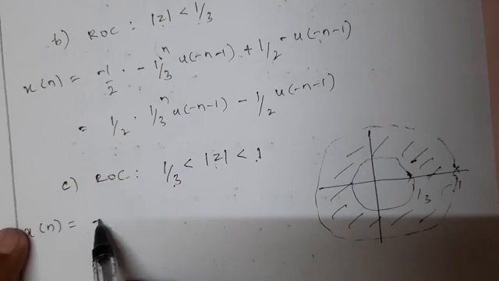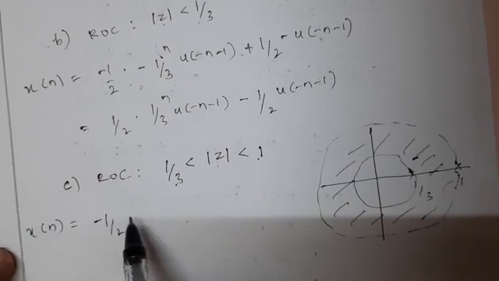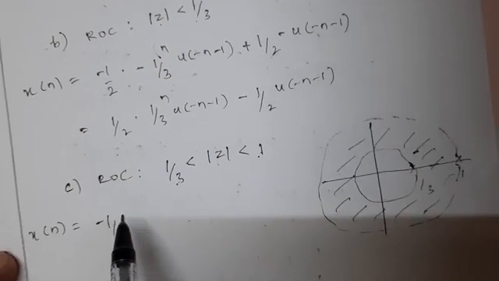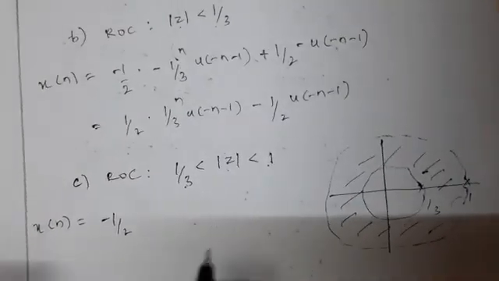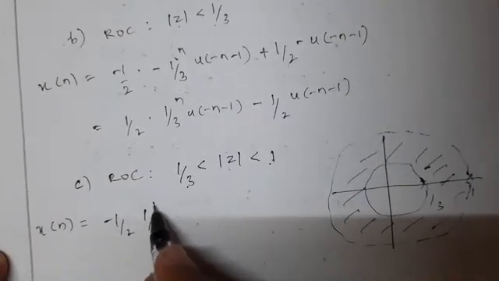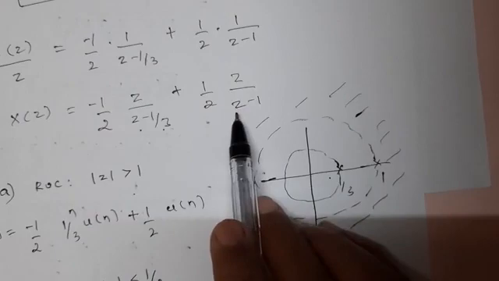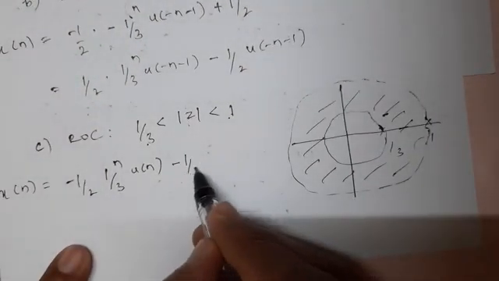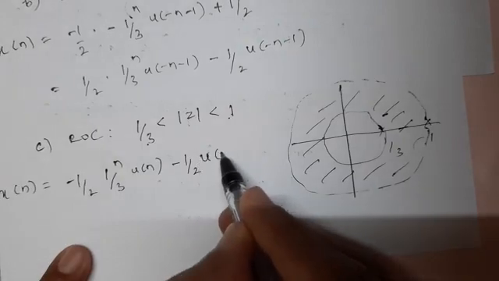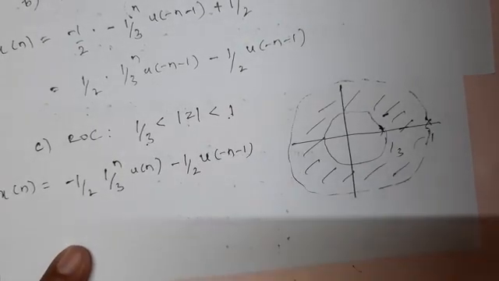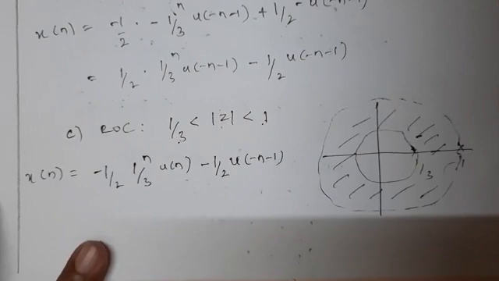For this it is positive time, so it is minus half as it is, z greater than 1 by 3, so 1 by 3 to the power n u of n. And z less than 1 means what? This is negative time. So for negative time it is minus half u of minus n minus 1. So like this we try to find the inverse z transform for the given equation.